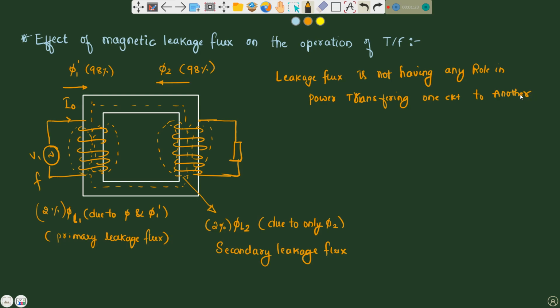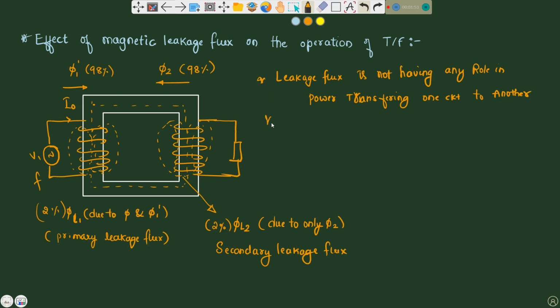While observing all the consequences, what will this magnetic leakage flux do? Is it useful flux or not useful, how is the behavior of the flux, is it affecting the main flux or not? We are going to discuss the phasor diagram of this magnetic leakage flux on the working of the transformer.